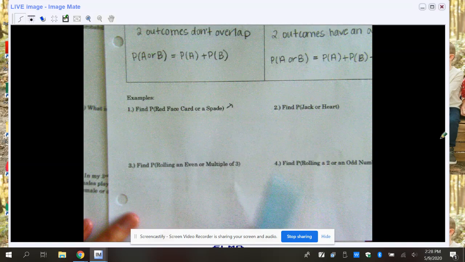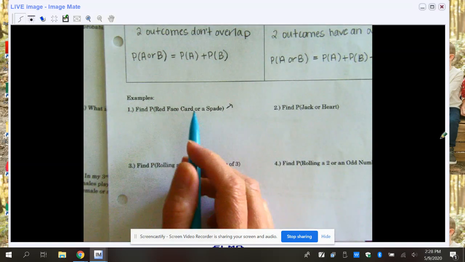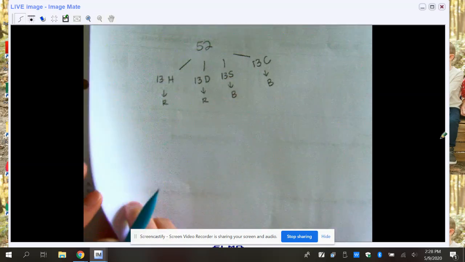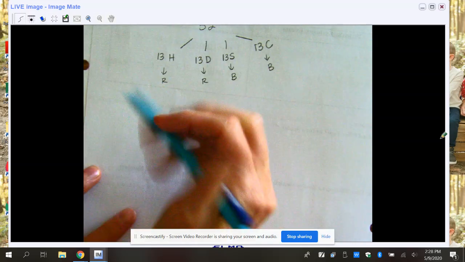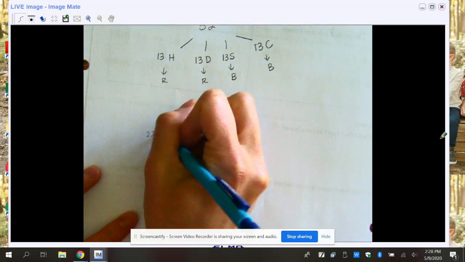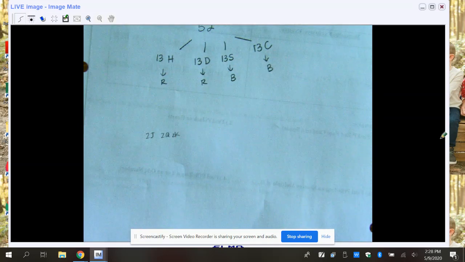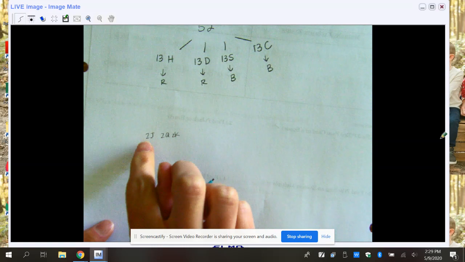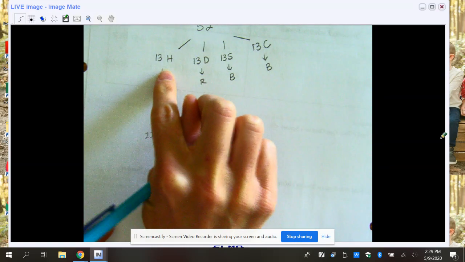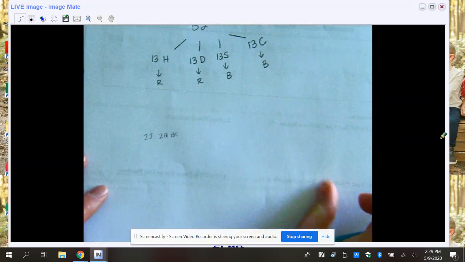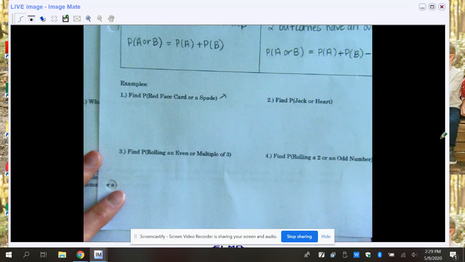So if I want to know the probability that I pick a red face card, okay, so there would be 2 jacks, 2 queens, 2 kings. Those are the face cards. So there's 6 hearts and 6 diamonds. That would be red face cards.